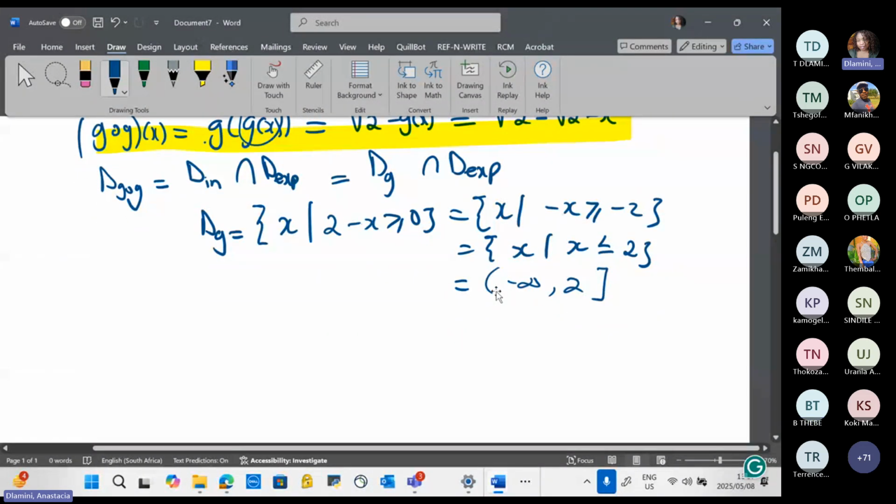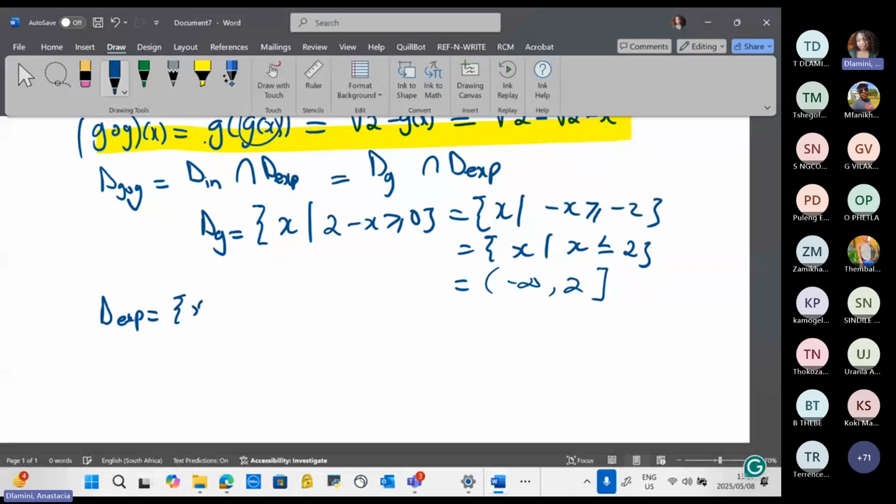Thank you. So let's go back to the expression. We said it's x an element of the real numbers such that 2 minus the square root of 2 minus x should be greater than or equal to 0. So what do I do? You transpose 2 to the right hand side. So you're left with minus the square root of 2 minus x greater than or equal to minus 2.